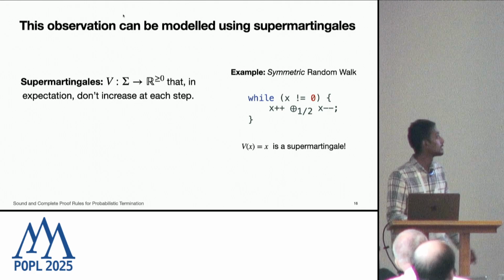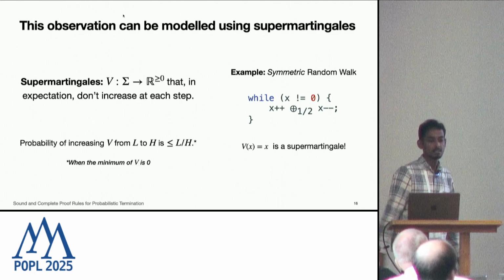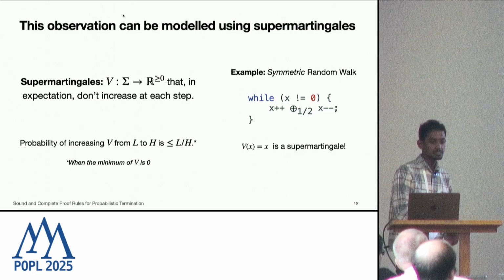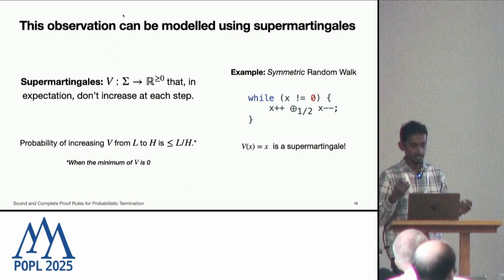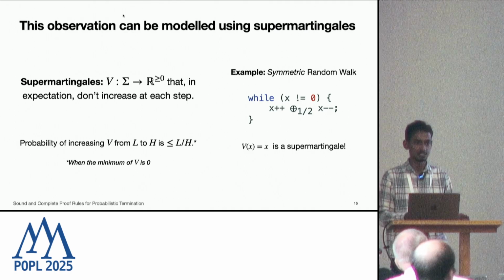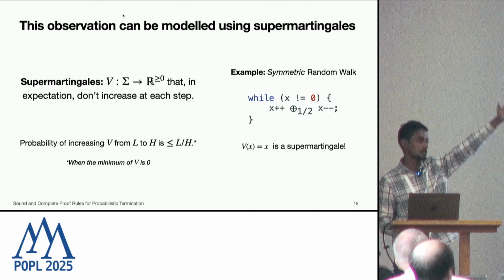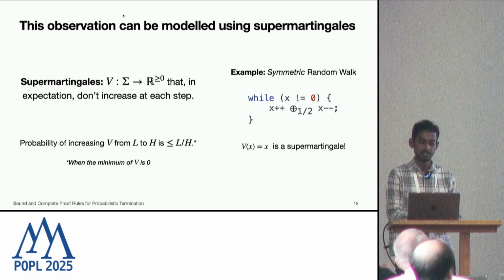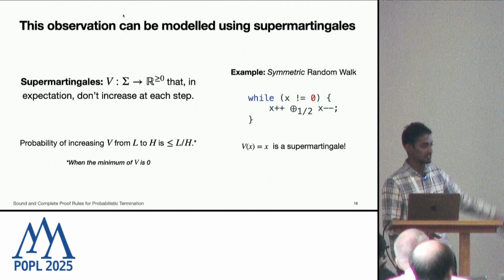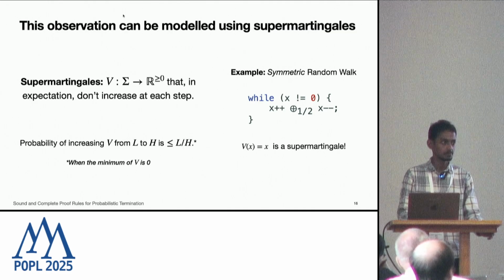All right? And how do supermartingales work? Well, it turns out that the probability with which a program's execution increases a supermartingale from a low value L to a high value H is bounded above by L over H, under certain conditions that we actually incorporate into a proof rule.